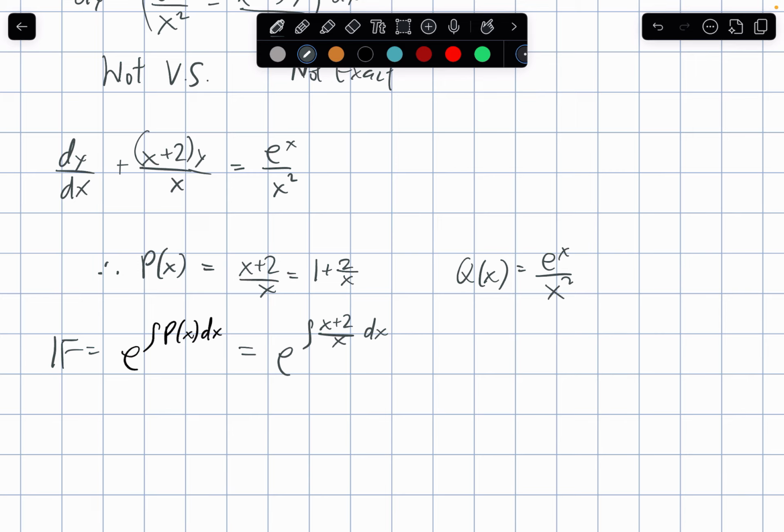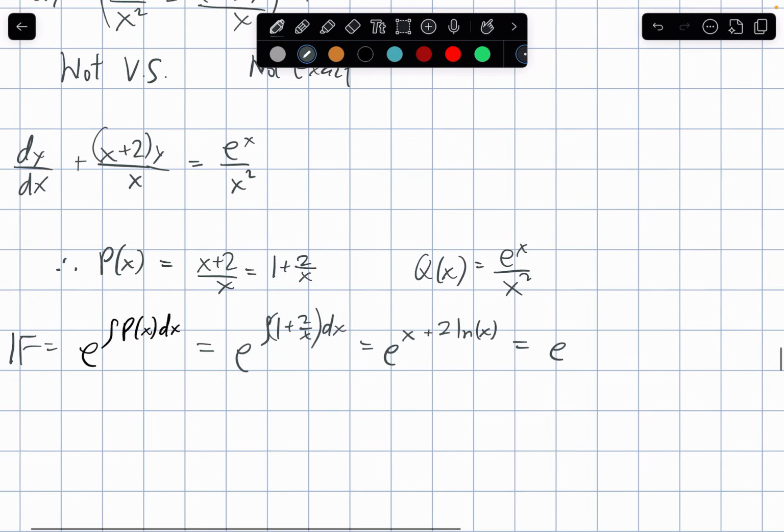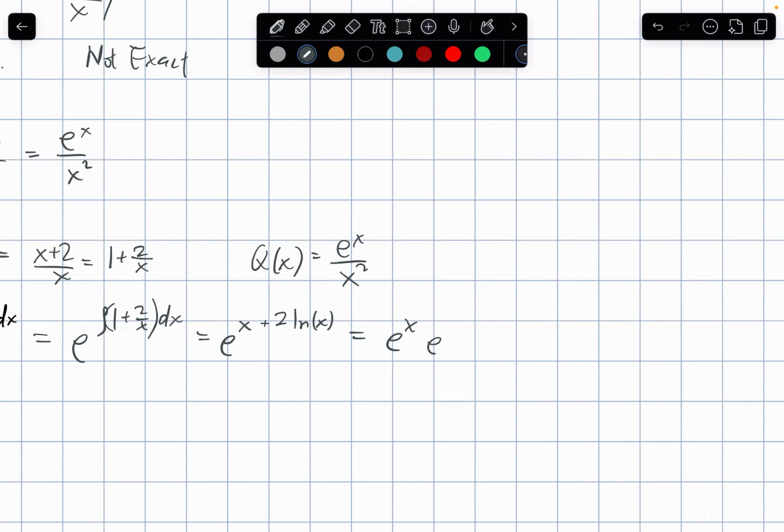Okay, so replace. Okay, simplify further. The first term, that's going to be x. And then we have 2 dx over x. That's going to be 2 ln of x, equal to e raised to ln x squared.